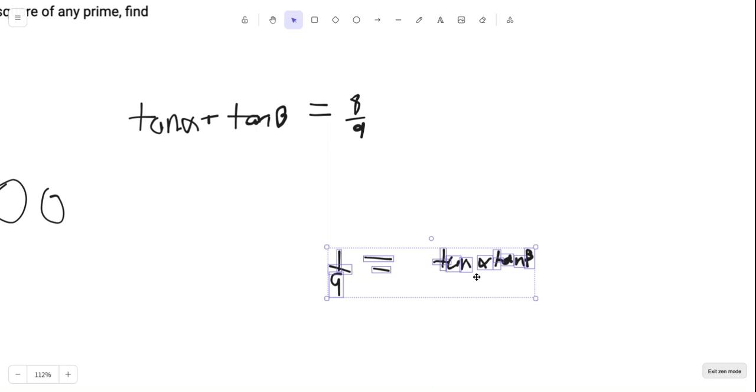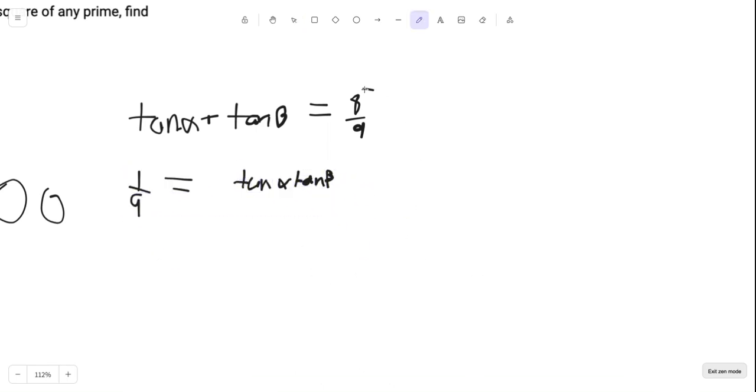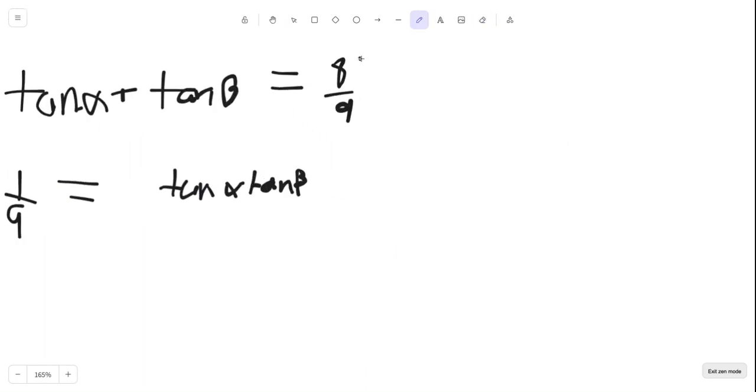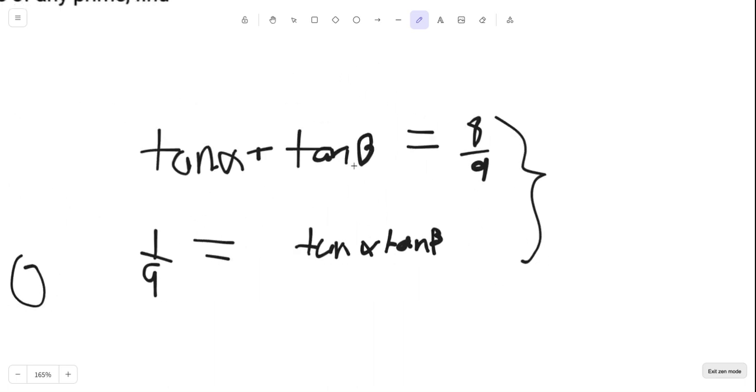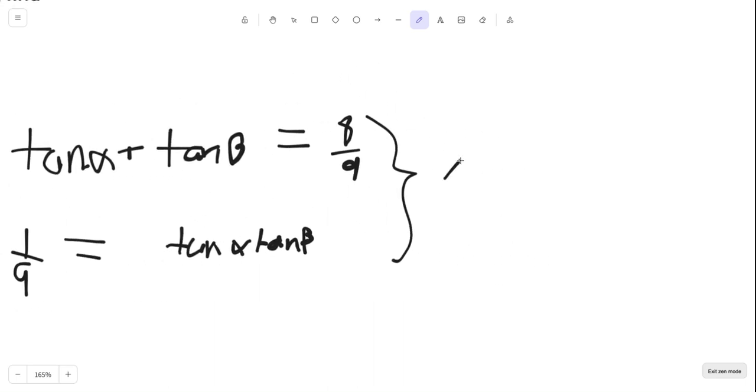We have two equations for two unknowns. We can make this a quadratic, or you can use substitution or whatever you want. Once you solve the system of equations, there's a really elegant way of doing it using Vieta's formulas.